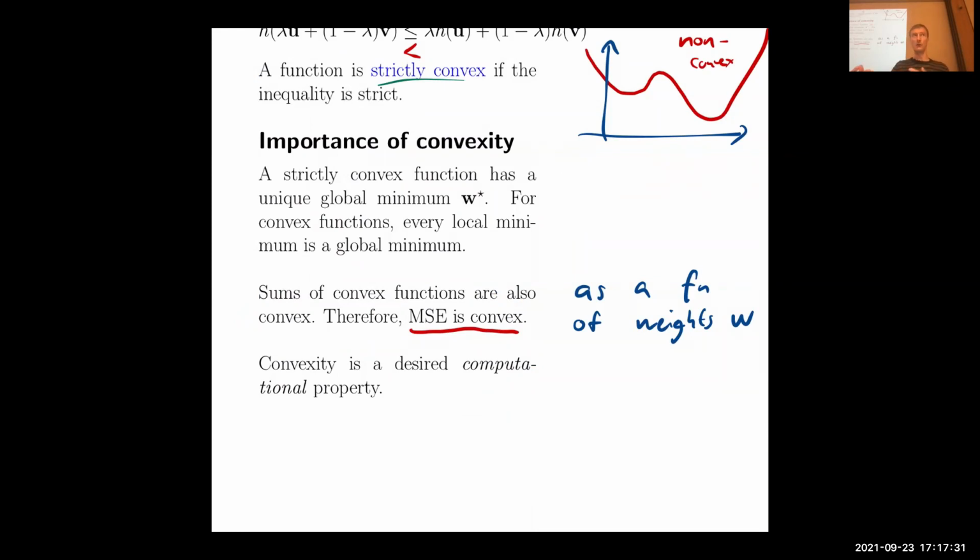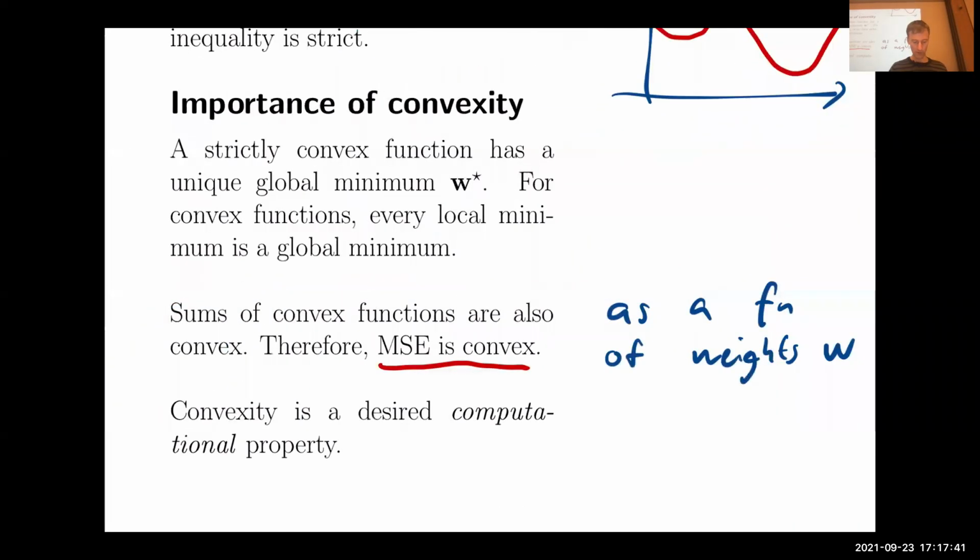But depending on your model, you might have a very different combination if you ask with respect to the weights. To be fully technically correct, you would need to say that mean squared error is convex if you really use a linear model.